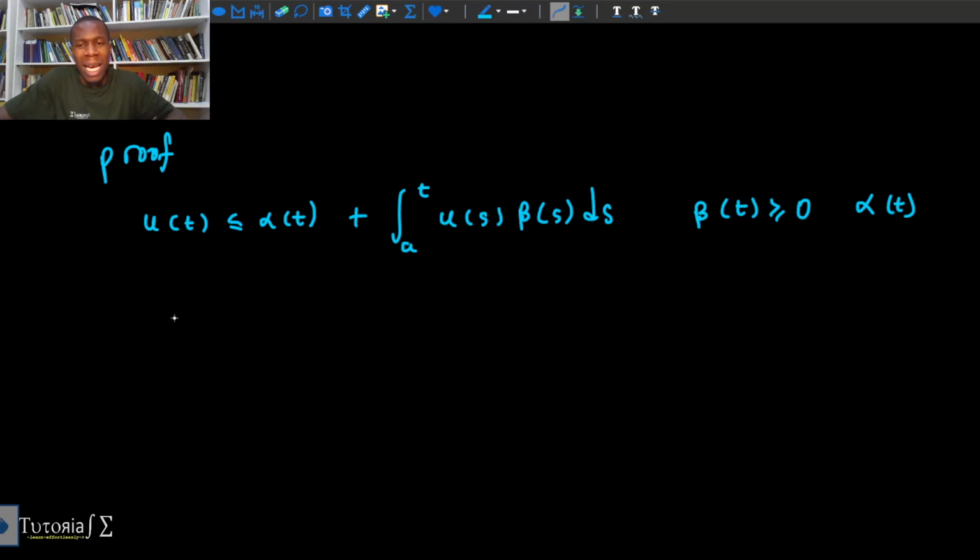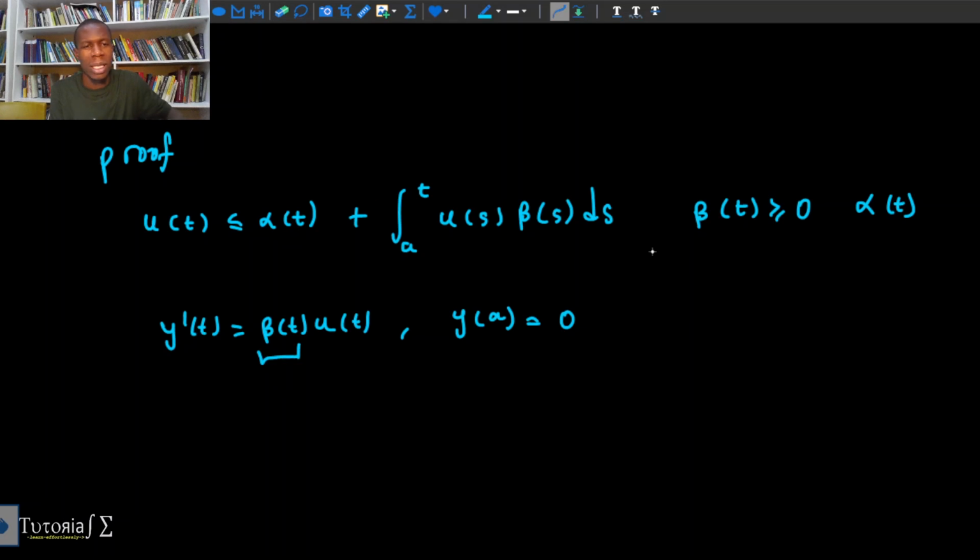We're going to consider an initial value problem, y prime of t equal to beta of t u of t, with an initial condition of y of a being equal to 0. So we consider this initial value problem where beta of t is the same beta of t that we have here, and u of t is this u of t that we have here.